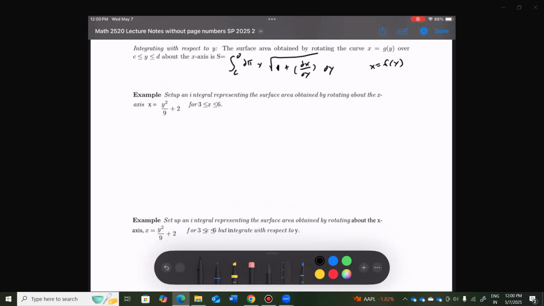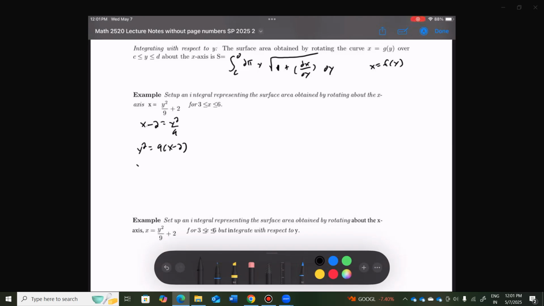Alright, so let's set up an integral representing the surface area obtained by rotating about the x-axis. So this is going to be x equaling y squared over 9 plus 2. So I'm going to solve this for y squared. So x minus 2 equals y squared over 9, so y squared equals 9 times x minus 2.